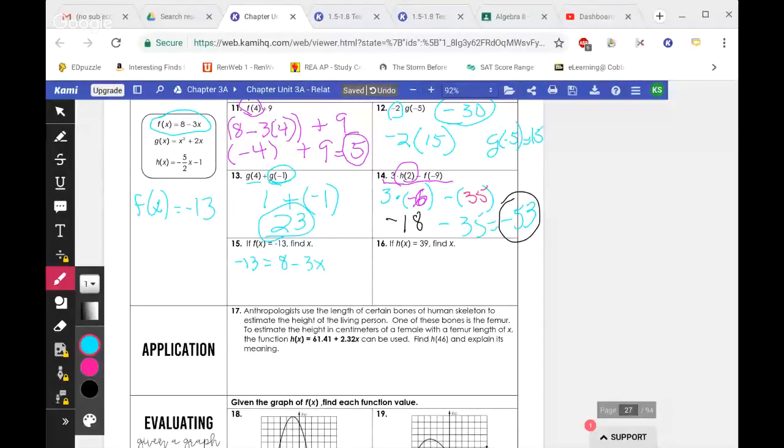Now we just have a standard algebra problem where we subtract 8 from both sides because we're trying to isolate the variable. That gives us negative 21 on this side and negative 3x on this side. Divide both sides by negative 3, and that gives us x equals 7. Does that make sense? Did you follow that?